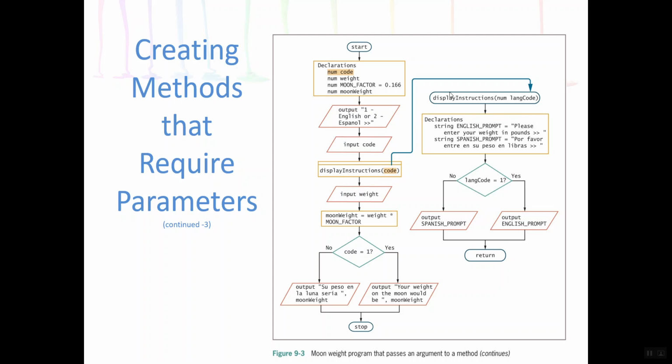So let's look over here at display instructions for a moment. If we want display instructions to receive data, instead of using empty parentheses, which would indicate no parameters, we define a parameter called lang code.